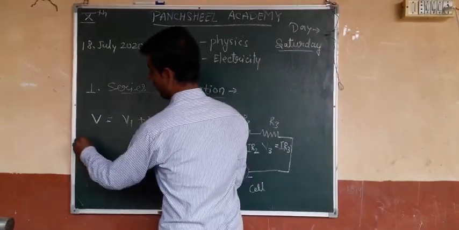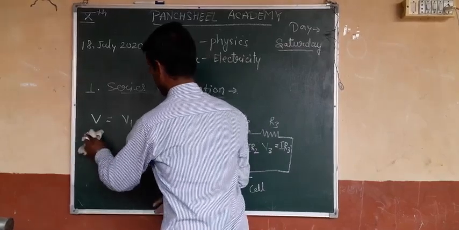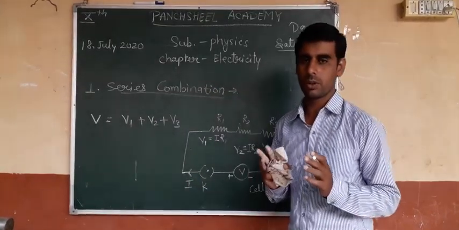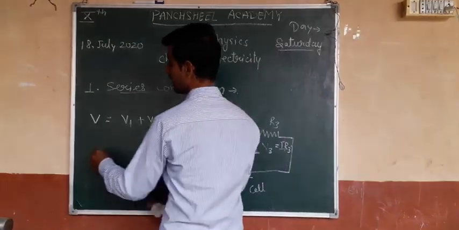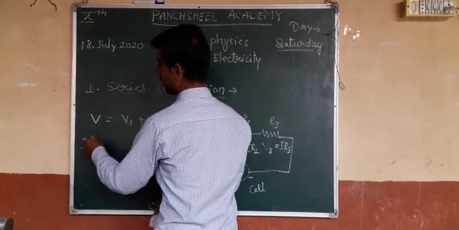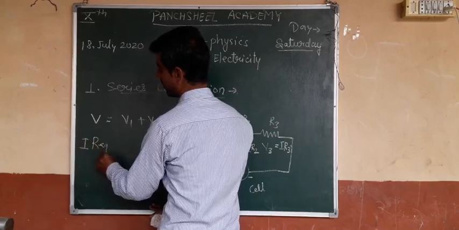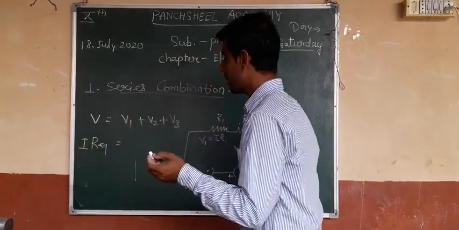Now V, voltage, equals resistance into current. The current is I, and the resistance is R equivalent or R total.